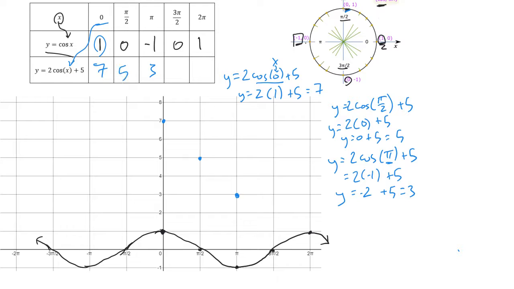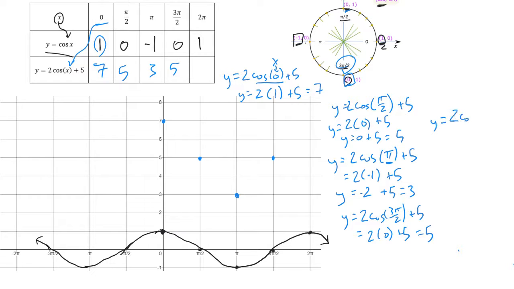I haven't been writing these numbers down, excuse me. Okay, right here. What about when I get down to 3 pi over 2? I have 2 cosine 3 pi over 2 plus 5. What's the cosine of 3 pi over 2? It is 0. So 0 plus 5 equals 5. And that brings me back here. And last, you already know what's going to happen, I hope, right?